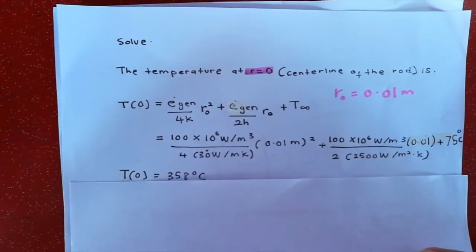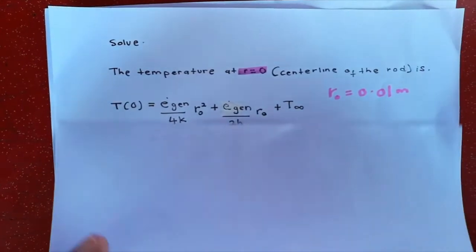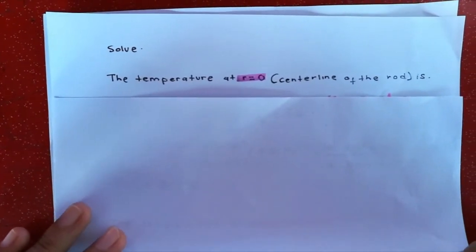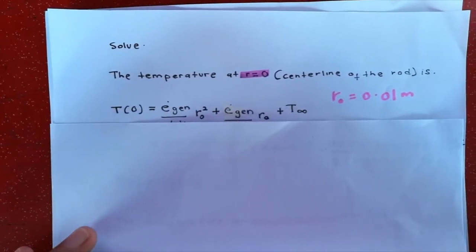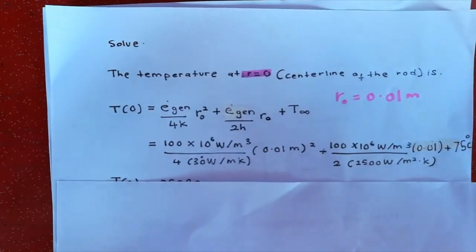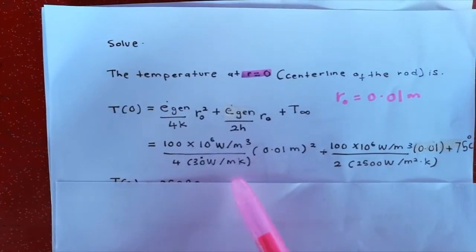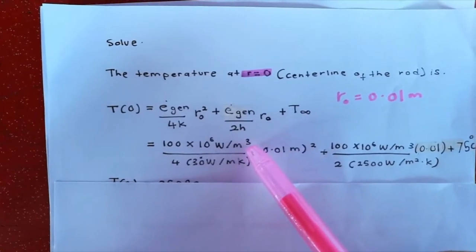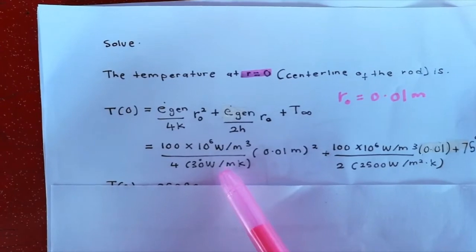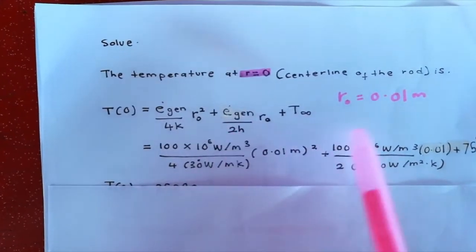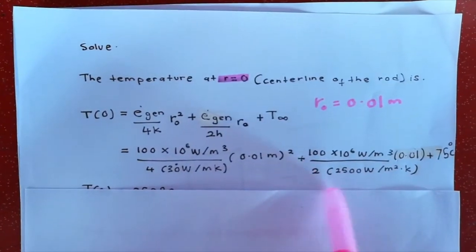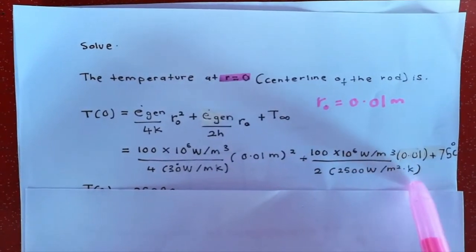Lastly, we need to solve the equation. First, we need to find the temperature at R equal to 0, which is at the center line of the rod. So T at R equal to 0 equals 100 times 10 to the power of 6, which is the given heat generation, and 4 over K is given also, and R naught is 0.01, which is the radius given in the question, and you need to substitute all the values.